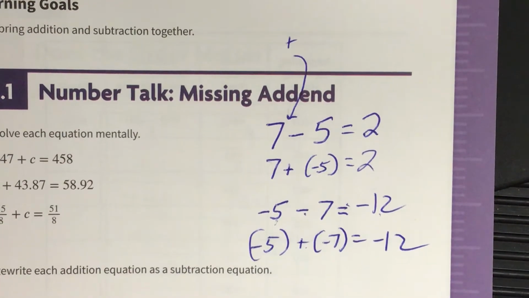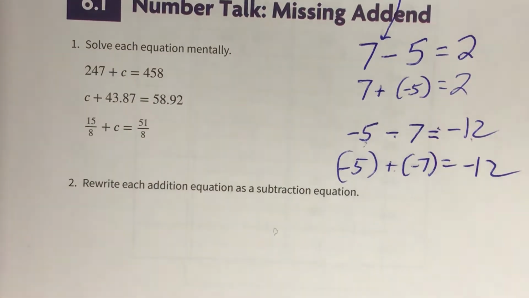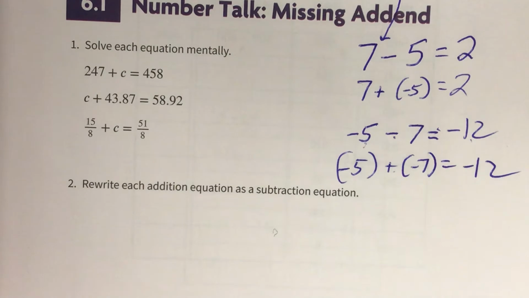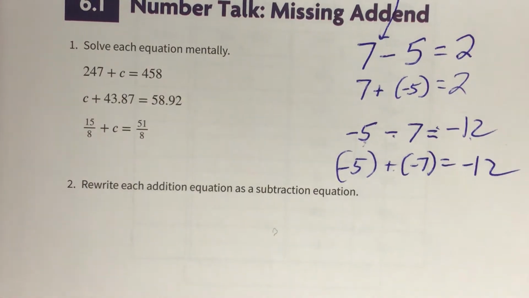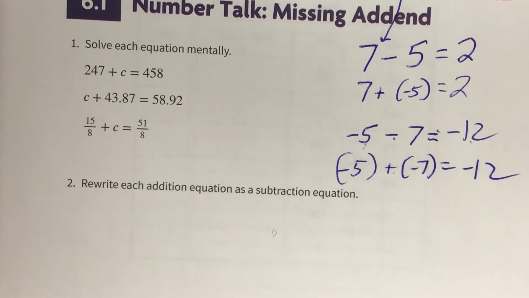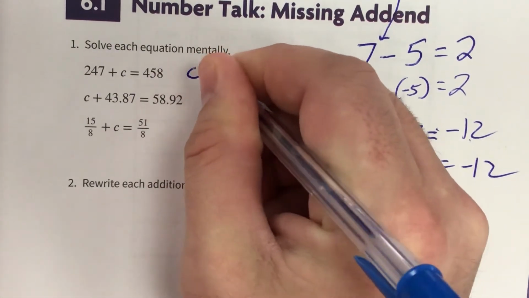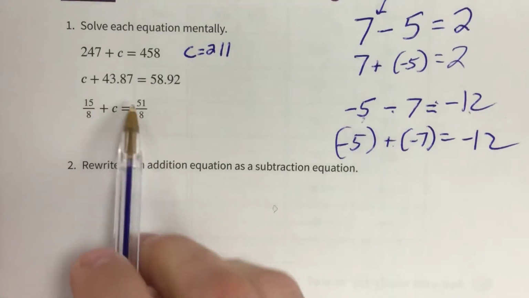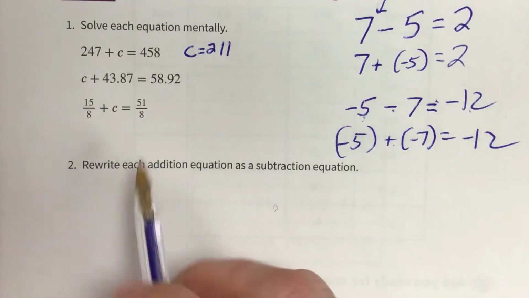All right, number 1, now it says to solve mentally. 247 plus what is 458? Can you mentally give me an answer there? Kellen? 211. How'd you get that mentally? 7 plus 1 is 8, 4 plus 1 is 5.